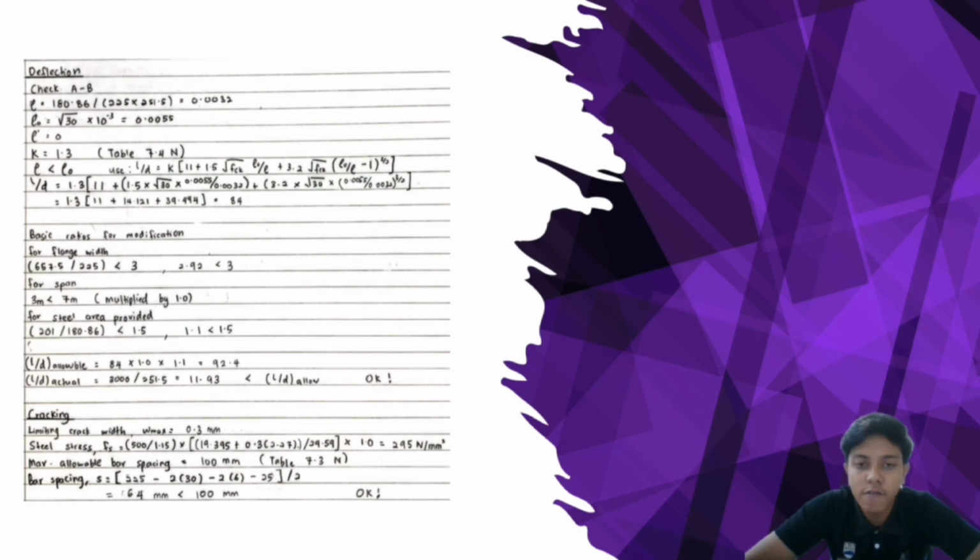Lastly, for cracking, we got the steel stress 295 Newton per millimeter square, and the bar spacing is 64 millimeter, which is less than the maximum allowable bar spacing. So I think that's all about the summary of beam 1AC on the first floor for the continuous beam.